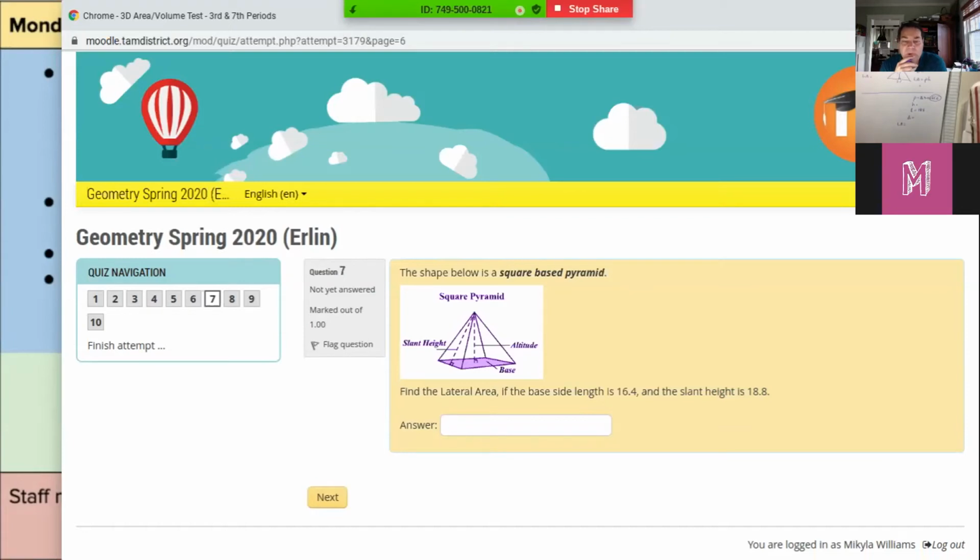Sure. We're looking for lateral area, right? Yeah. So let's be strategic. Let's only find out the formula for lateral area because maybe we've already got the pieces we need. Okay. What's the formula for lateral area of a pyramid? It's 1/2 times P times H. Almost. 1/2 P times L, which we've already got.